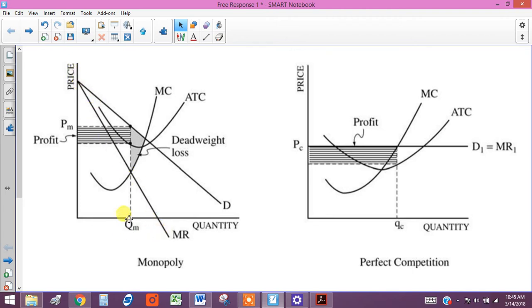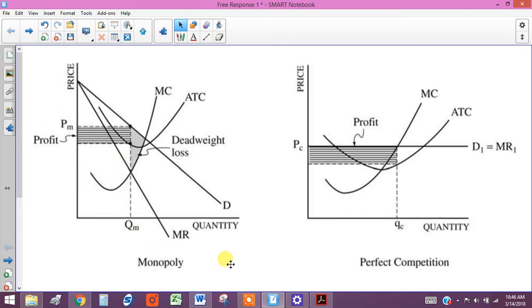So when you're marking off your quantity, you want to find that point where your marginal cost curve right here, and that needs to be drawn, and it needs to start off declining, and at some point start to increase, and somewhere in here it's going to cross your marginal revenue curve. That's where you want to put your quantity, and your price is going to be going straight up from there to your demand. So your price here, your quantity here.